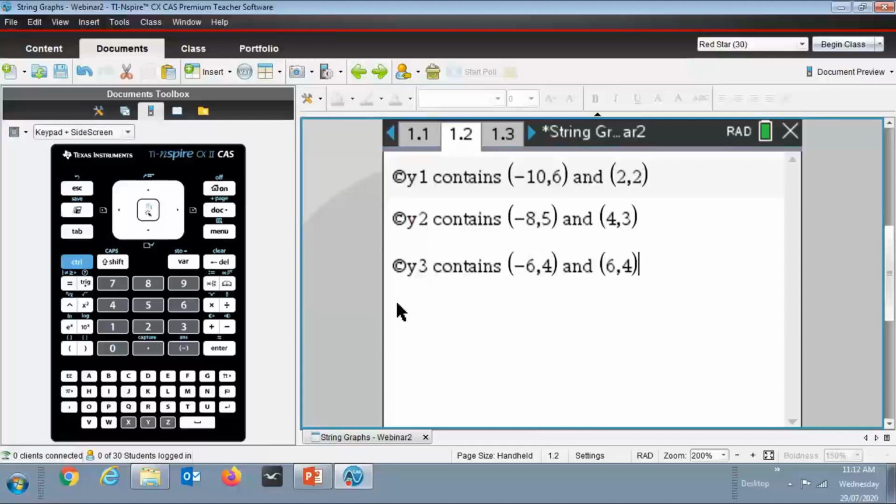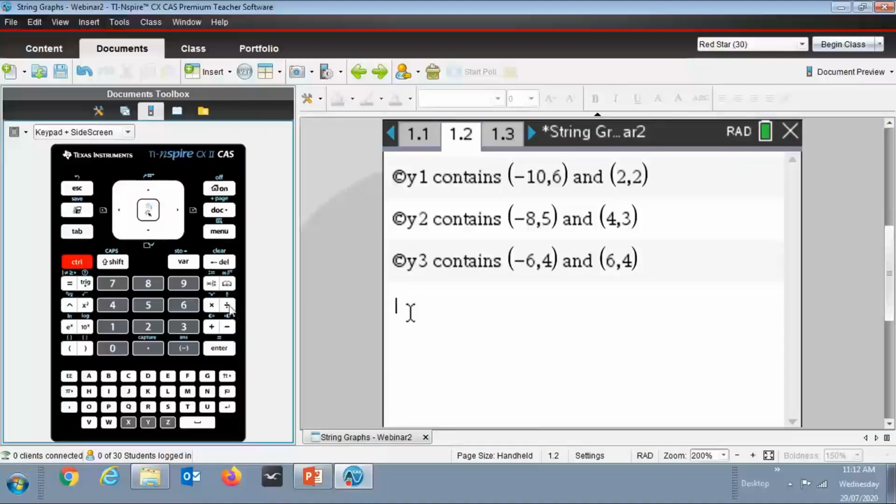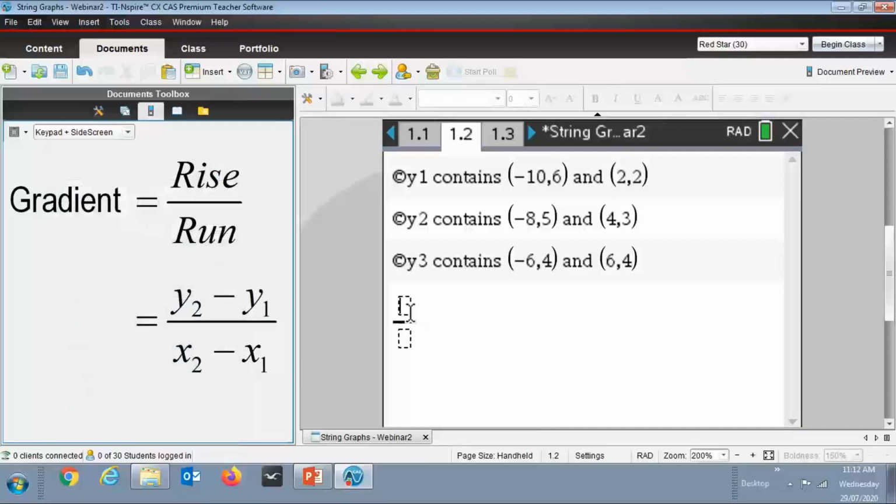Okay, so what we're going to do first of all is to do a calculation of the gradient of line 1, y1. We know the gradient is a fraction, so I go to Control Divide so that I've got the fraction template, and I'm going to follow that format of taking the y-coordinate of the second point, 2, minus the y-coordinate of the first point, which is 6.